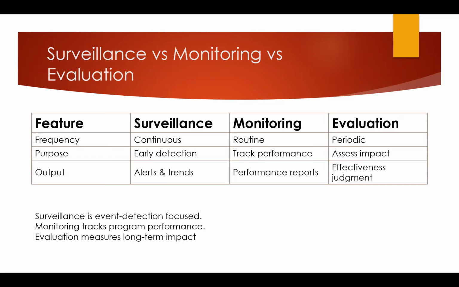Similarly, surveillance outputs are in the form of alerts and trends. For monitoring, the outputs are performance reports, and for evaluation, an effectiveness judgment is made. So, surveillance is event detection focused, monitoring tracks program performance, and evaluation measures long term impact.